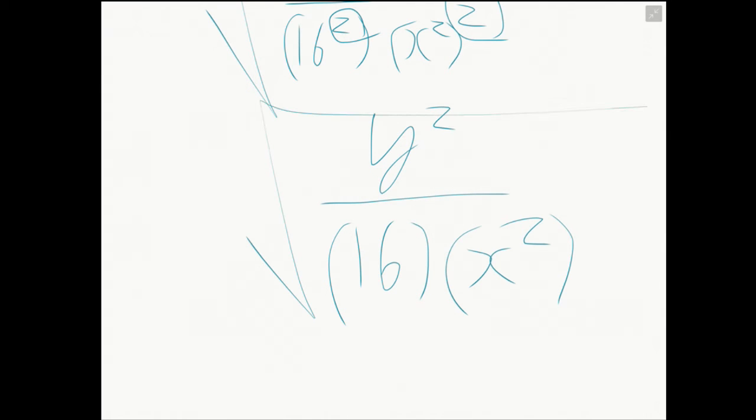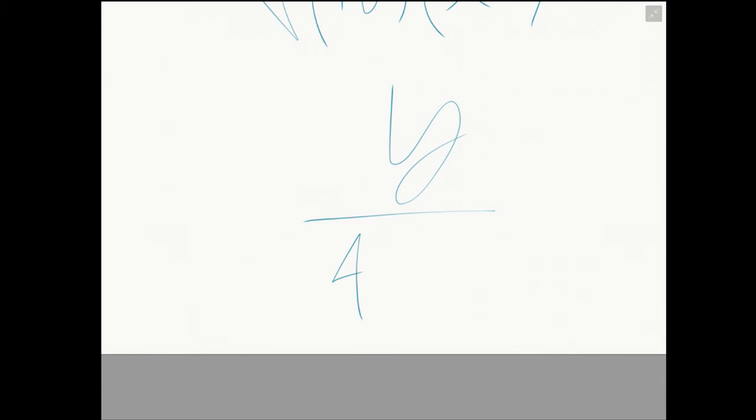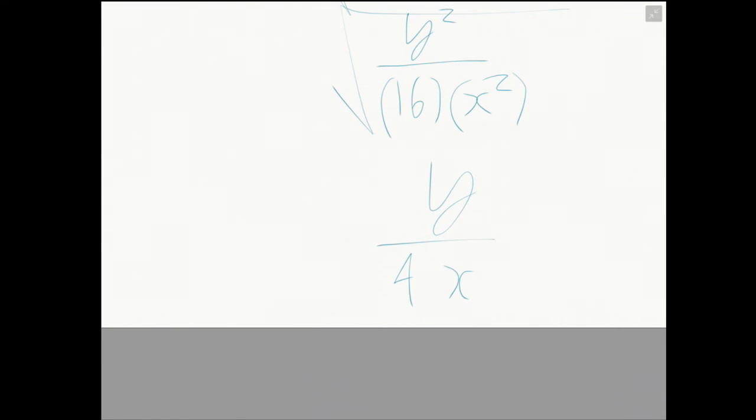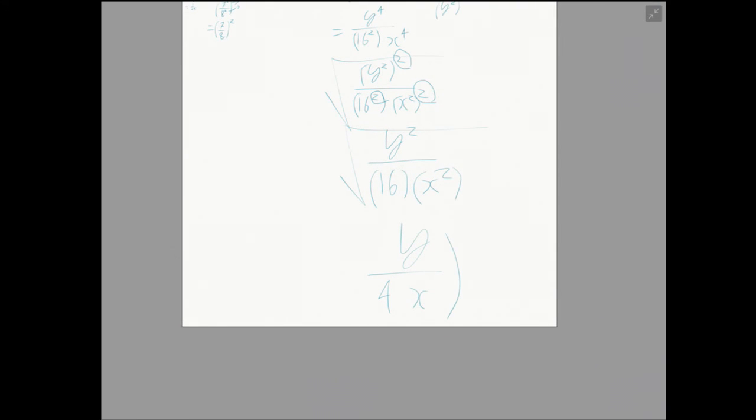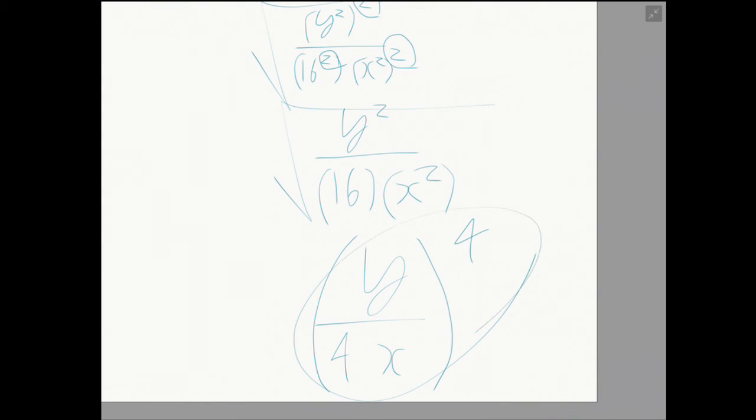So we can actually square root that again and get ourselves y over 4x, and this would be multiplied by itself 4 times. So that would be as a single power with a single exponent.